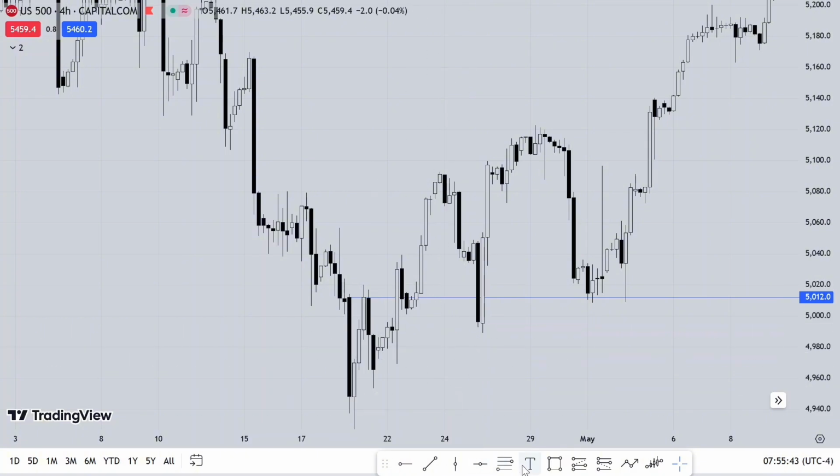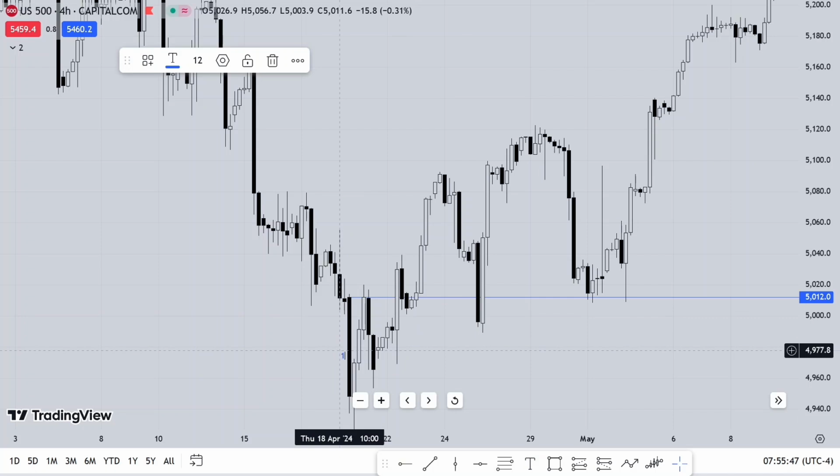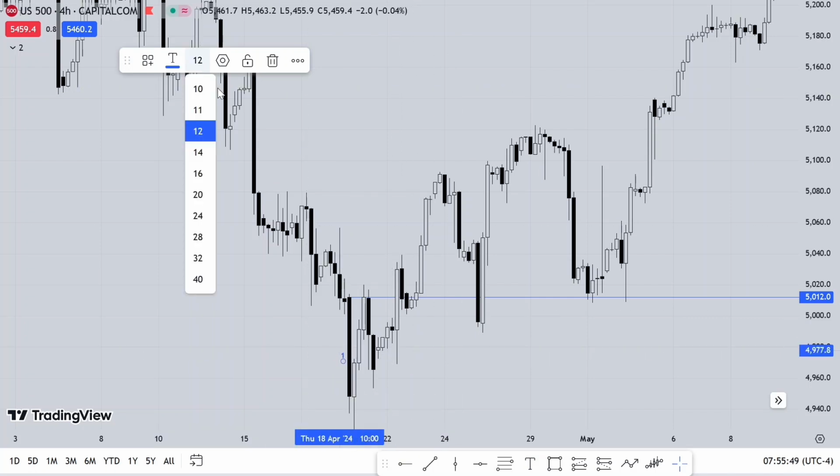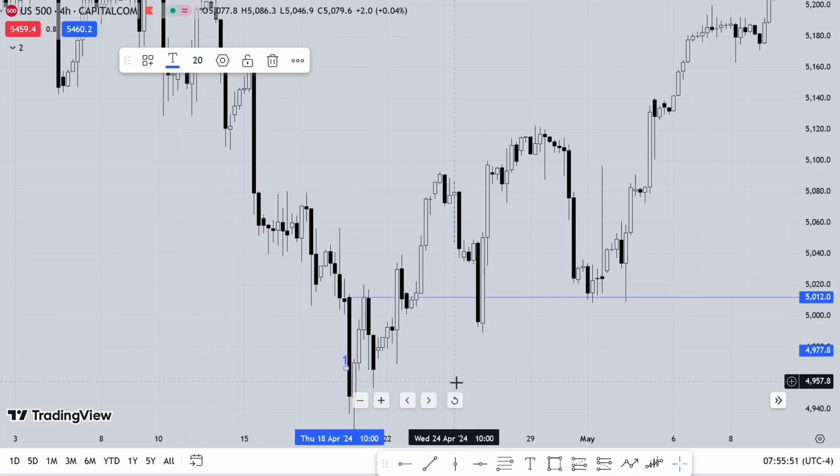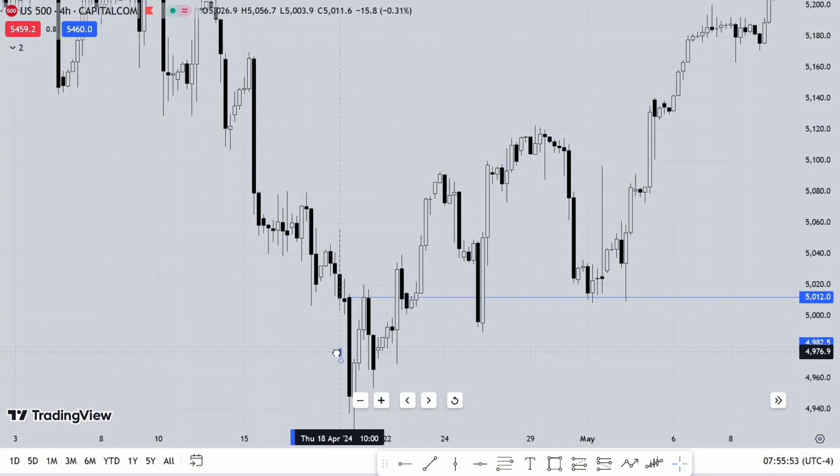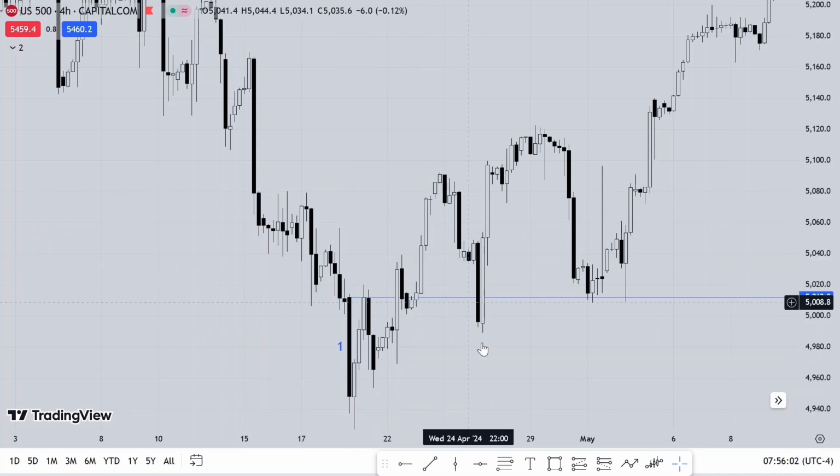So let's call this number one, because this was when smart money traders were first entering their position. And when price retraced here after this expansion leg, they entered here also. We'll call this 2.